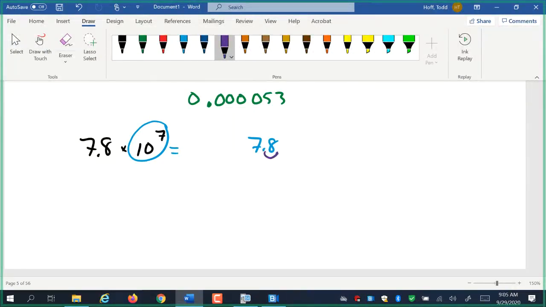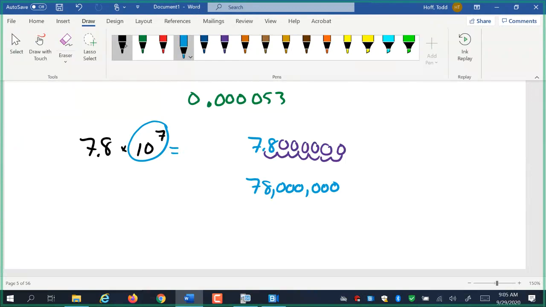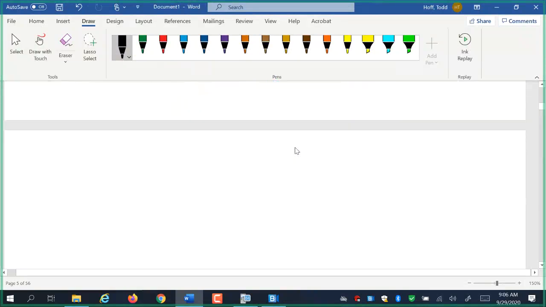So we can go 1, to go 2, we've got to add a 0, another 0 to go 3, 4, 5, 6, 7. So that is 78 million as a decimal number. So we can convert rather readily from scientific notation to our standard decimal notation by moving the decimal point.